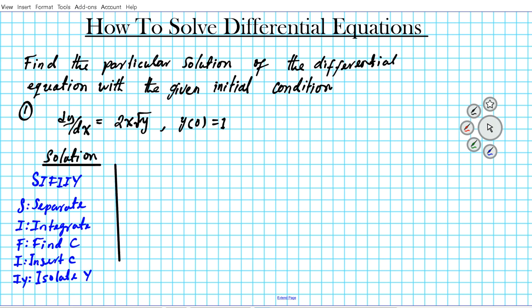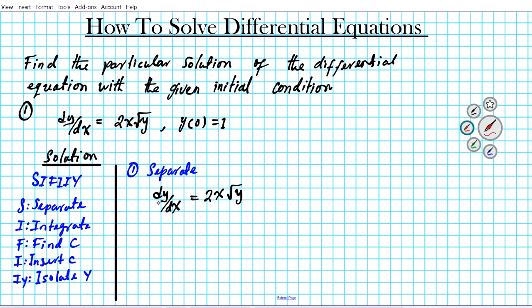Okay? All right, so let's get started. We're just going to follow the steps that we have outlined here. For part 1, we are going to separate the variables. So we have dy/dx equals 2x root y. I need the y's on the left and the dx on the right.